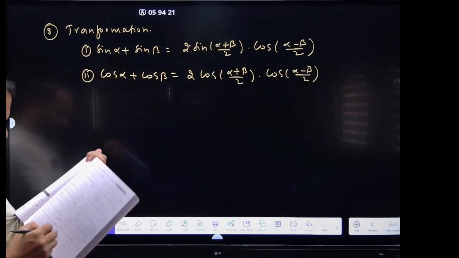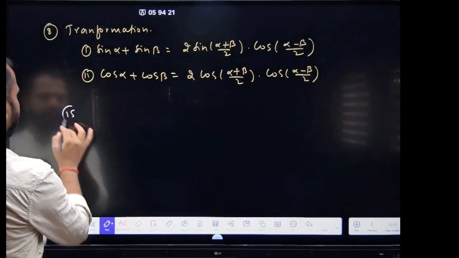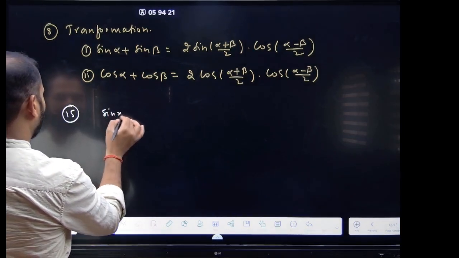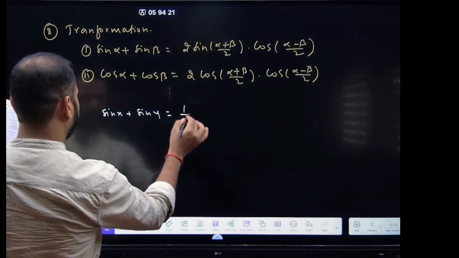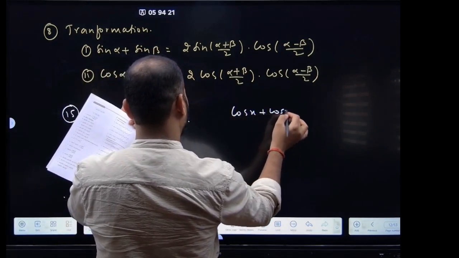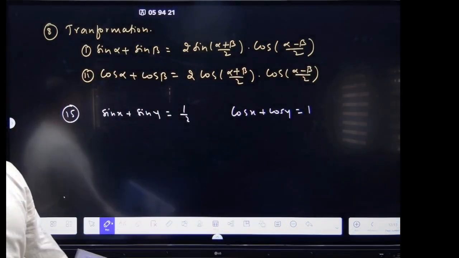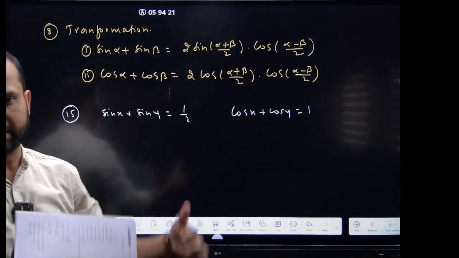The question that we missed, the 15th one, we can solve using this concept. Just see which formula is given to you. You have sin x plus sin y equal to 1 by 2, and cos x plus cos y equal to 1. Can I apply the sum to product formula? Because here alpha plus beta, that is x plus y, we need, right.